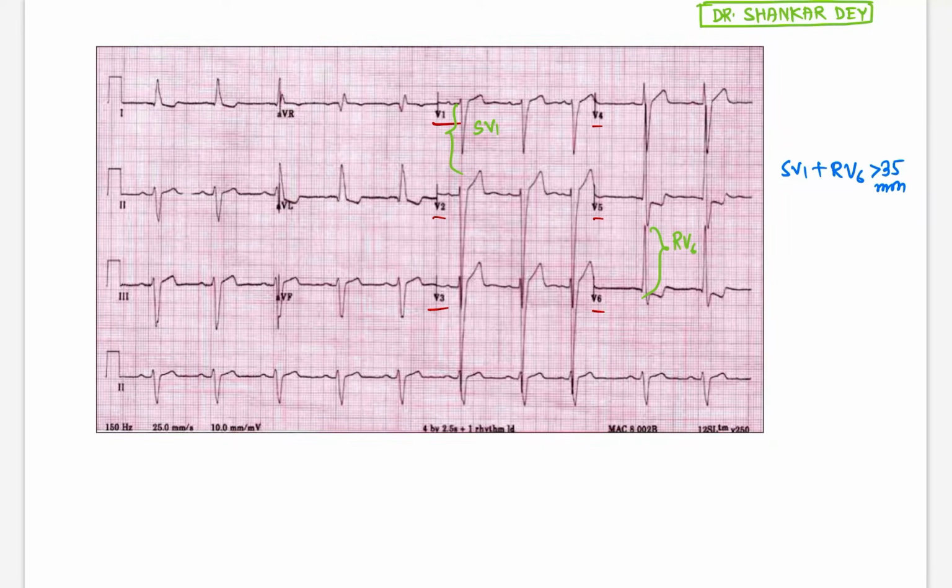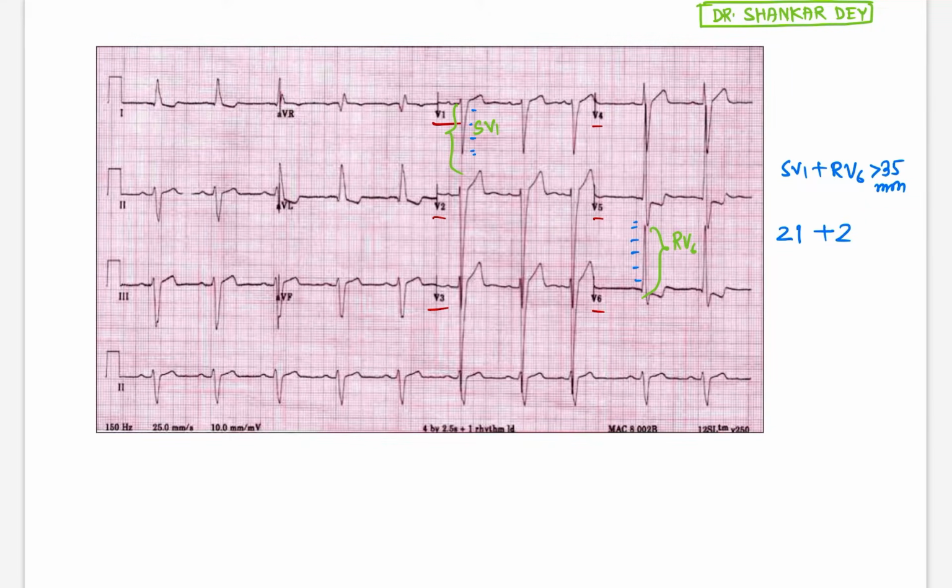Now let's calculate this. This is 5, 10, 15, 20, 21. So SV1 is 21 plus RV6. The R wave on V6 is, this is 4, 9, 14, 19, 25, 26.